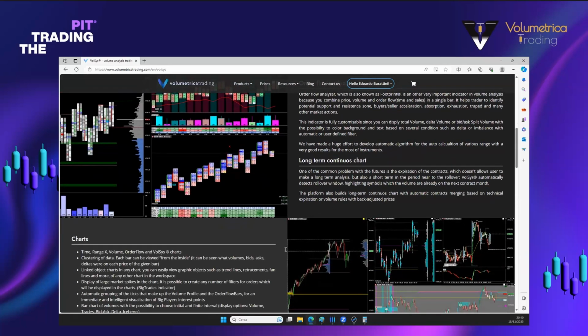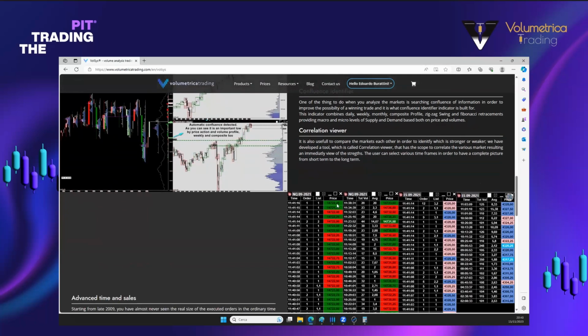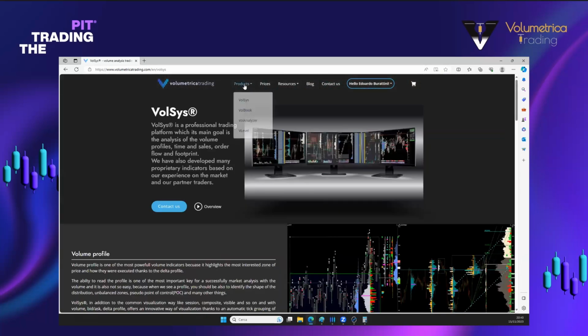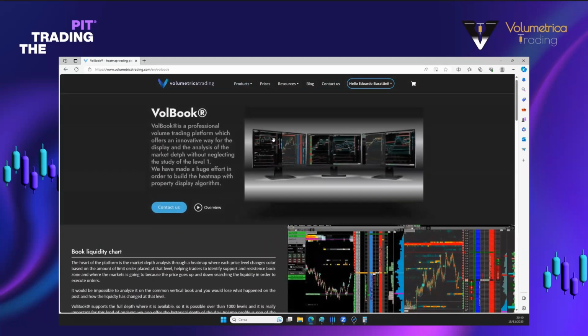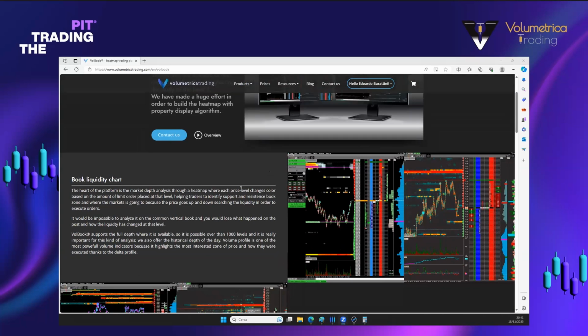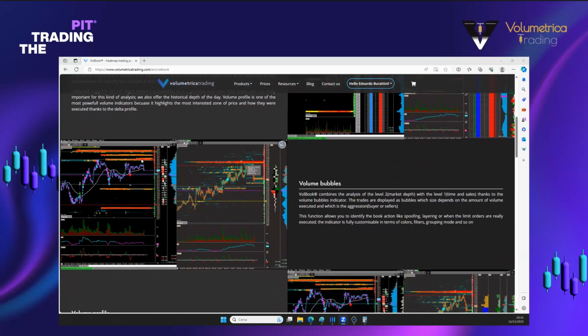Volsys will provide you all of the volume tools included in the charts and profiles and order flow tools such as footprint chart and sales as well. This is Volsys. Volbook is the software we are talking about tonight, which is basically a heat map. It will show you the visual order book, so basically the DOM, the depth of market, represented by visual levels.